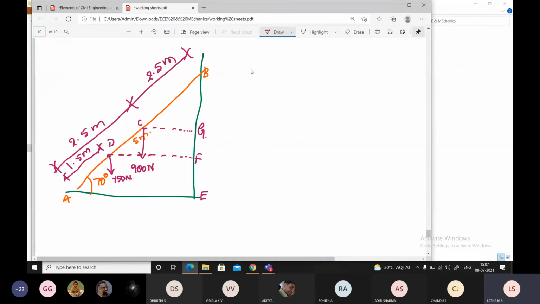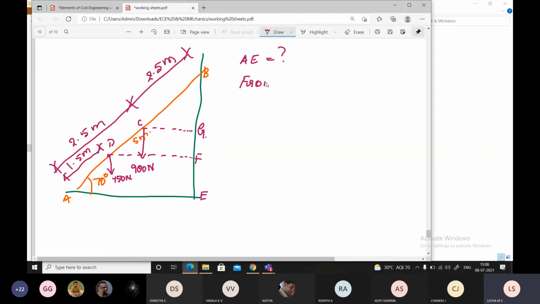That will make things very simple and easy. Now, at first, calculate AE distance. How to calculate AE distance? From the triangle, yes, correct.